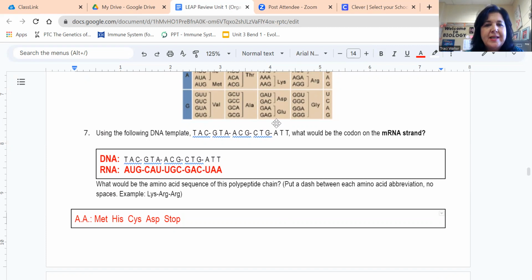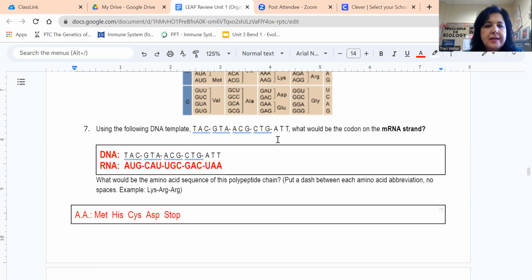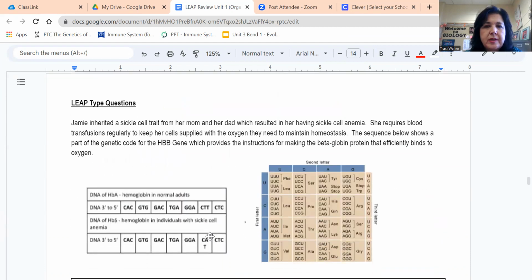Okay. Now let's move on and try this LEAP style question. One of the things that you will find with the LEAP questions is often they give you passages to read that go along with your questions. And you will find that sometimes the information in the passage is not needed in order to answer the question.